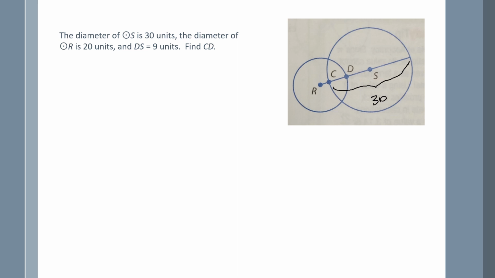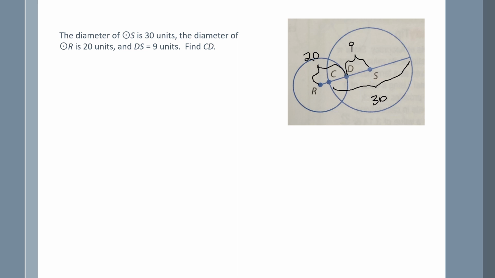The length from D to S is 9. Oh, excuse me, the diameter of circle R is 20. So this one here is 20, and this is 9. We want to find the length from C to D.